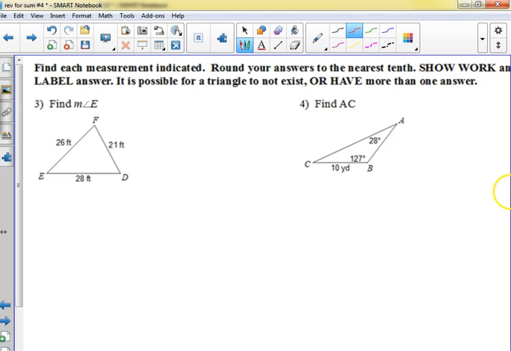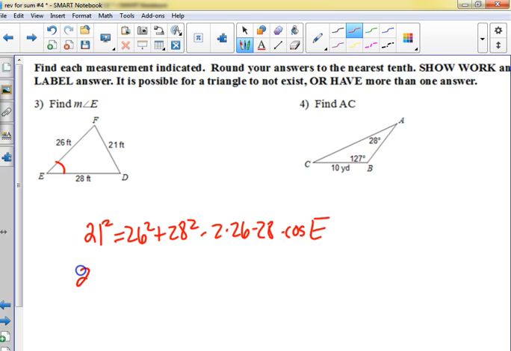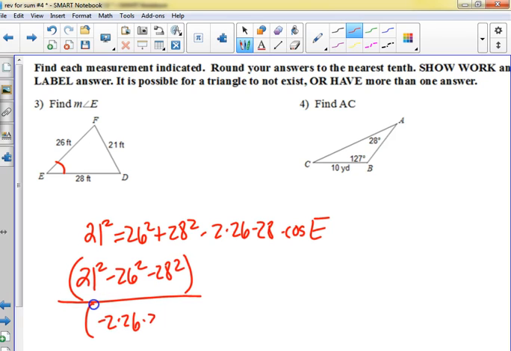How do we find E? 21 squared equals 26 squared plus 28 squared minus 2 times 26 times 28 times the cosine of E. So 21 squared minus 26 squared minus 28 squared, all over negative 2 times 26 times 28. And then inverse cosine. Okay.